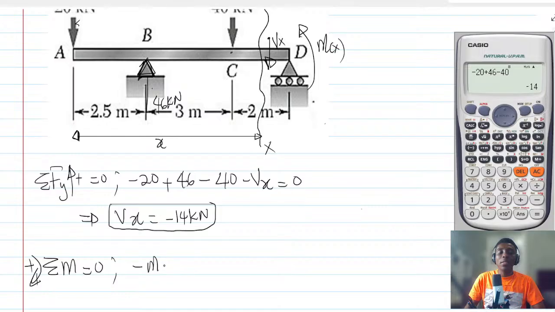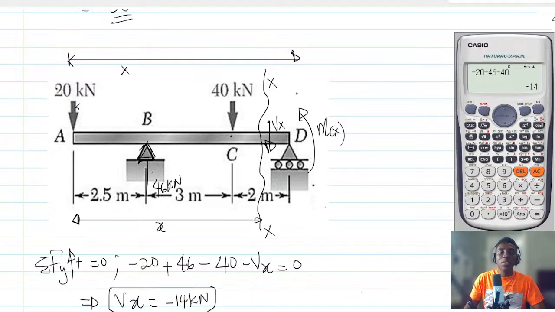So minus Mx, and then okay, so watch this carefully. We are saying the distance from here to here is x, but then this distance here is 2.5, and we also know that this distance from here to here is 3.